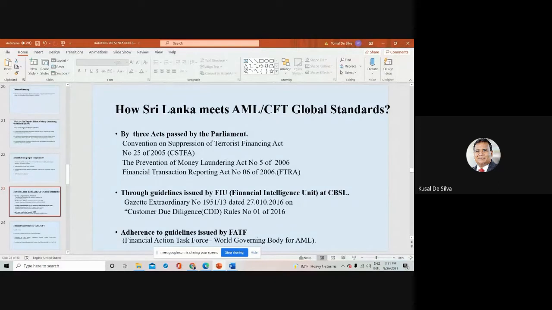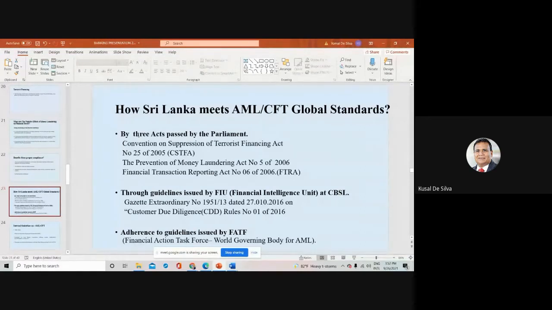The FIU has a well-trained, qualified team to investigate all the suspicious transactions. This is actually set up under Gazette Extraordinary number 1951/13 dated 27 October 2016. This is actually not October, this is January.